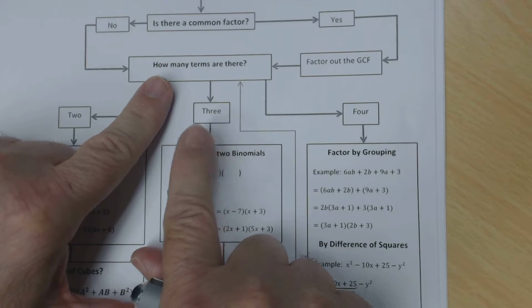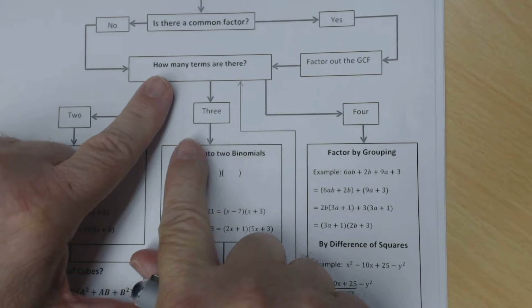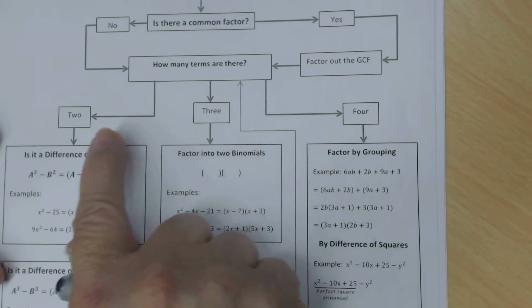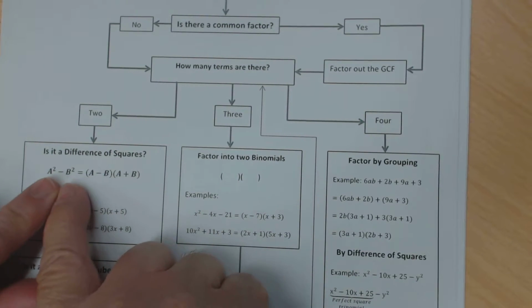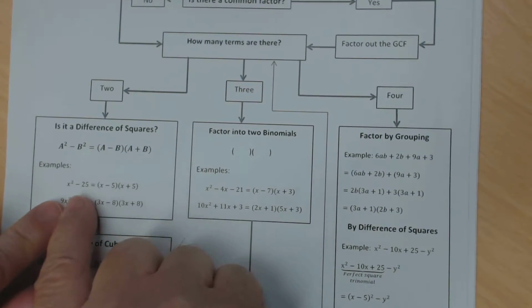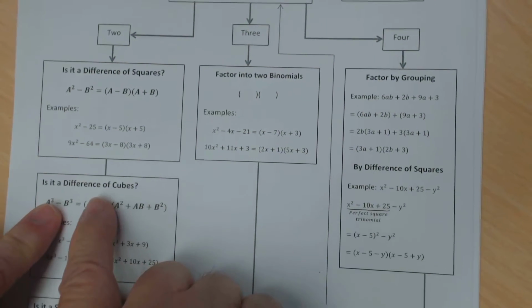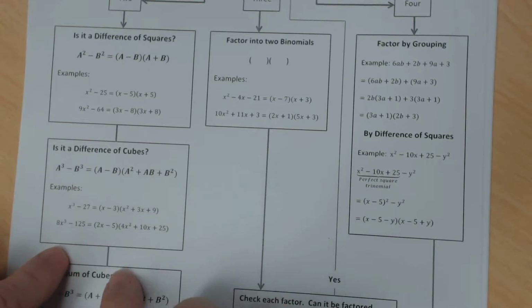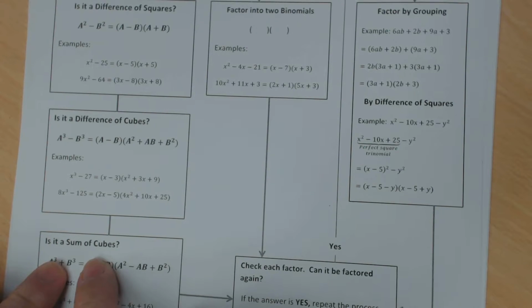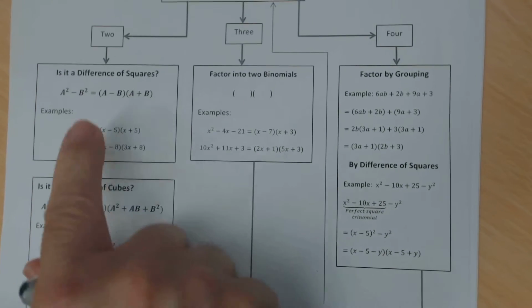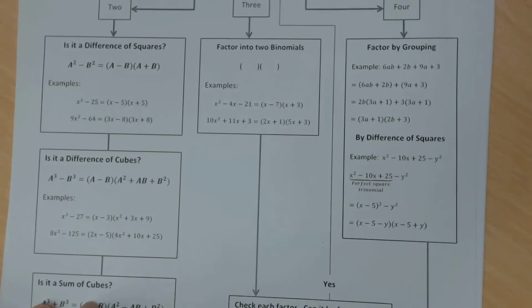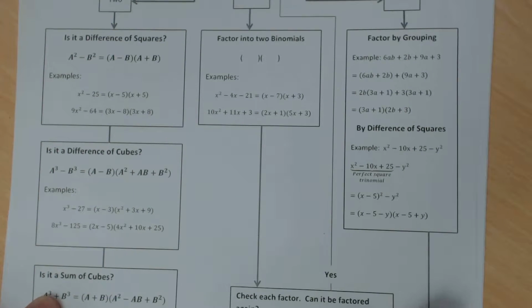It's up to you. It is to your benefit that you know both. If there are 2 terms, then you ask yourself, is it a difference of 2 squares? Is it the difference of 2 cubes? Is it the sum of 2 cubes? Okay, so remember, if it's 2 terms, you always look for these 3 ideas.